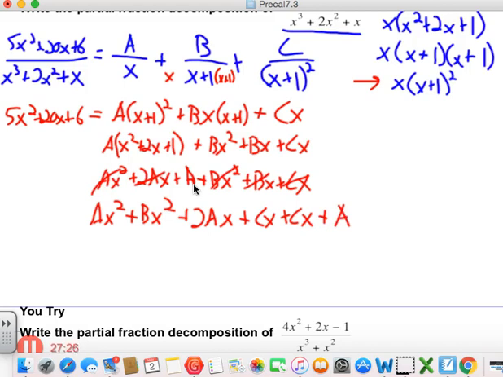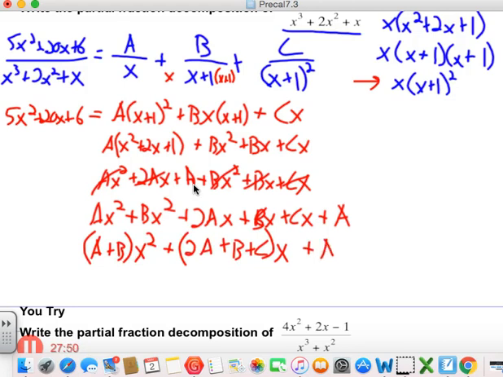Now we're going to do what we did a minute ago with factoring out the x's. We're just going to factor out the x squareds. So A plus B is multiplying x squared. And over here, we're going to factor out everything that's with the x's. So we've got 2A plus B plus C is going to multiply by x.